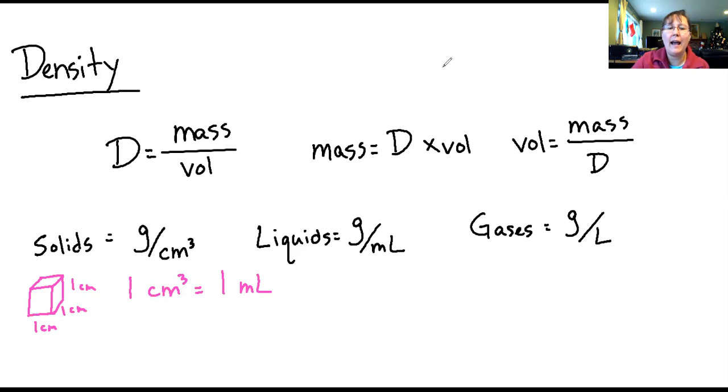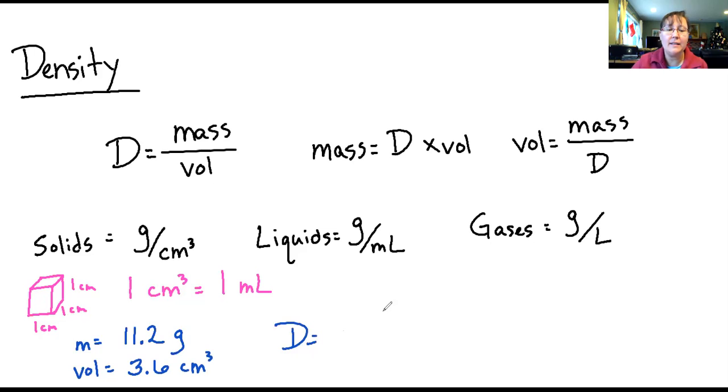So let's do a really, really simple problem here. Let's say that we have an unknown, and our unknown has a mass of 11.2 grams, and our volume is 3.6 centimeters cubed. And we want to know what our density is.